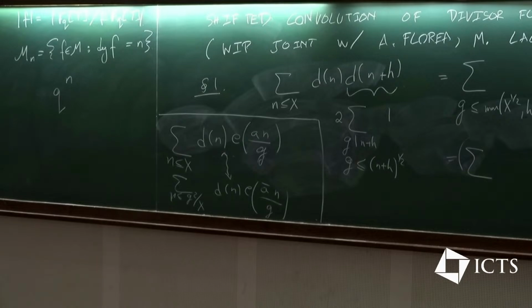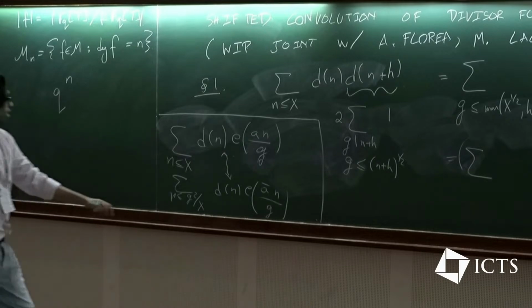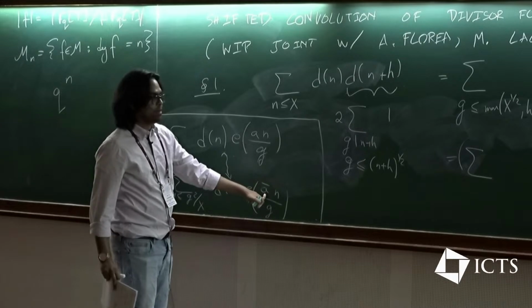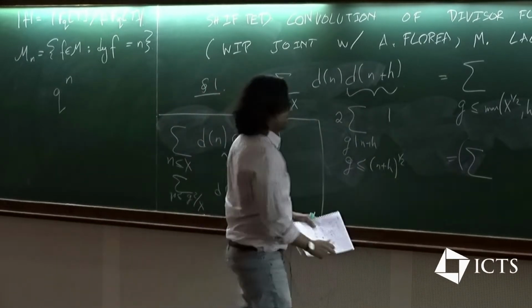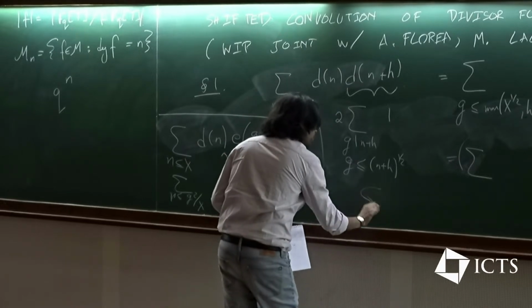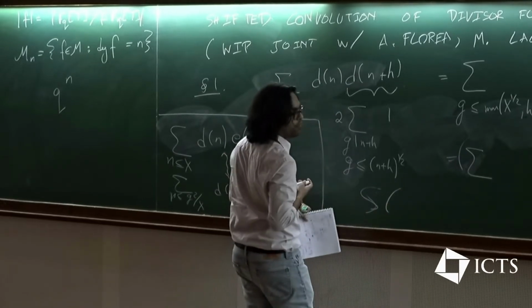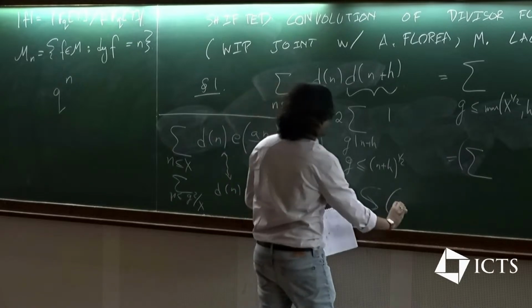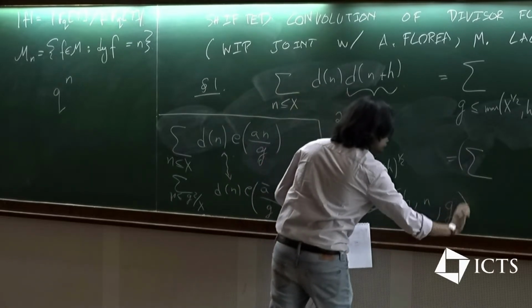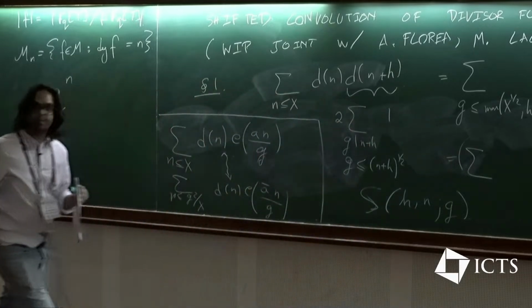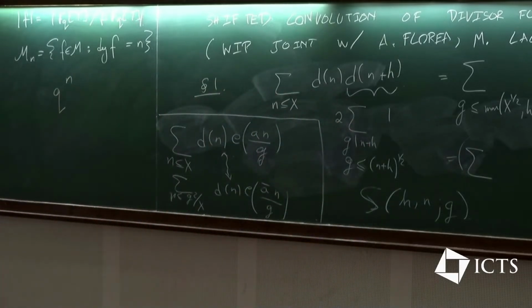Okay, so this is where the Kloosterman sum comes in, because you have a sum over A over there. So when you put it together, you can maybe see that there's a Kloosterman sum which looks like S(H, N; G) showing up. Okay, so this is maybe child's play for many of you.